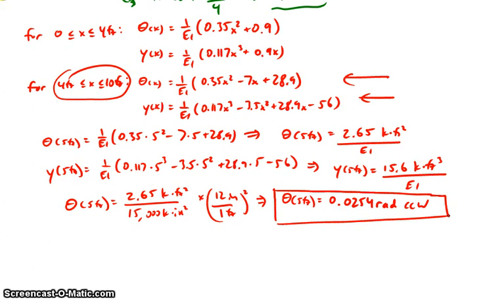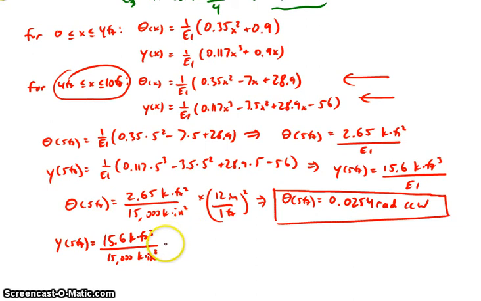We're going to plug in EI for our deflection as well, and we would get deflection is equal to 15.6 kip feet cubed divided by 15,000 kip inches squared.